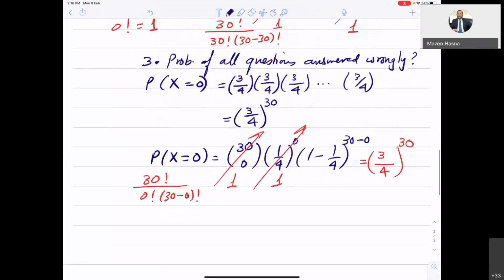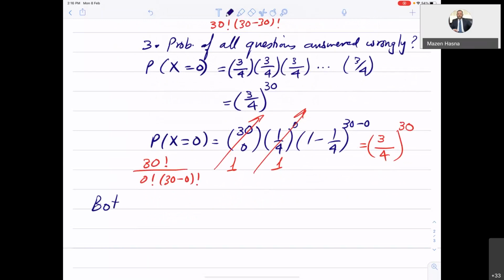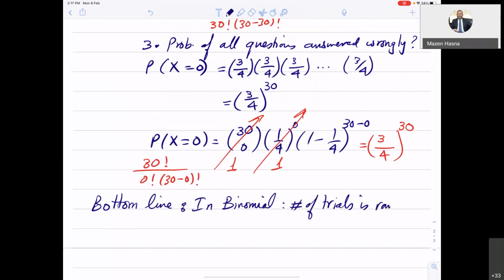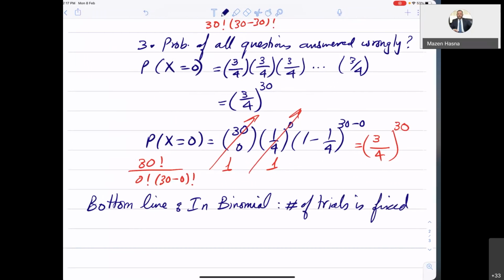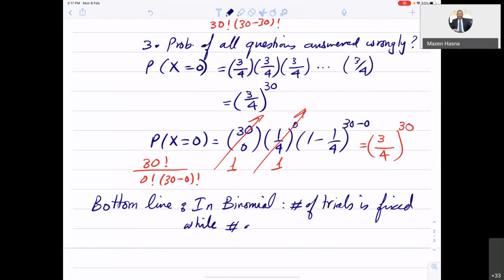So, bottom line, in binomial, always remember this. The number of tries is fixed, while the number of successes is random.